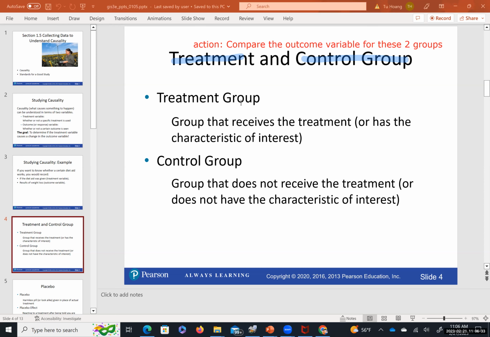The treatment group is the group that received the treatment or has a characteristic of interest. The control group is the group that does not receive the treatment or does not have the characteristic of interest. We're going to compare the outcome of these two. All right. So let's move to the next slide.